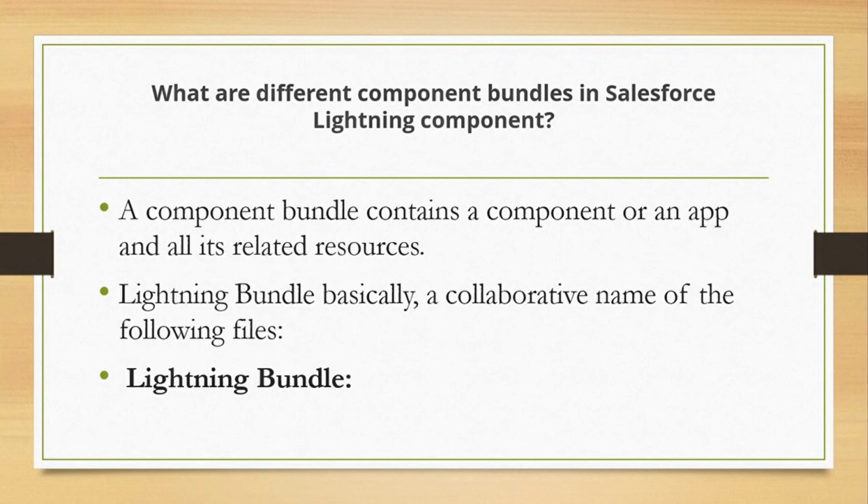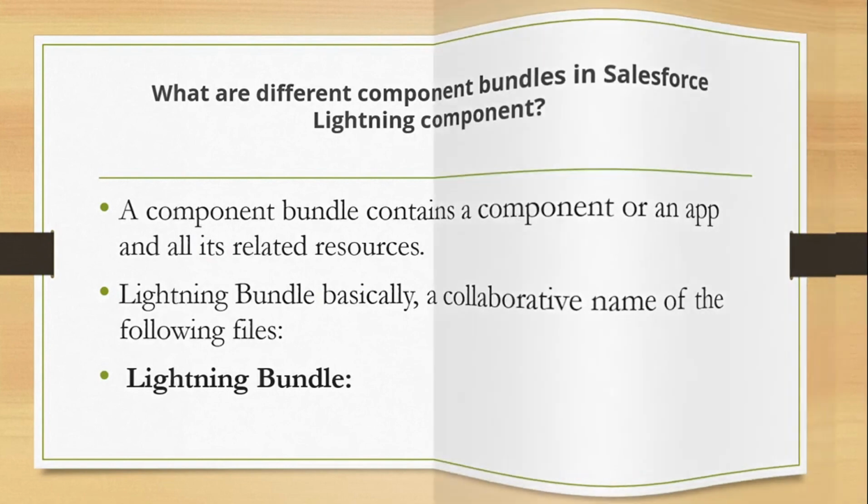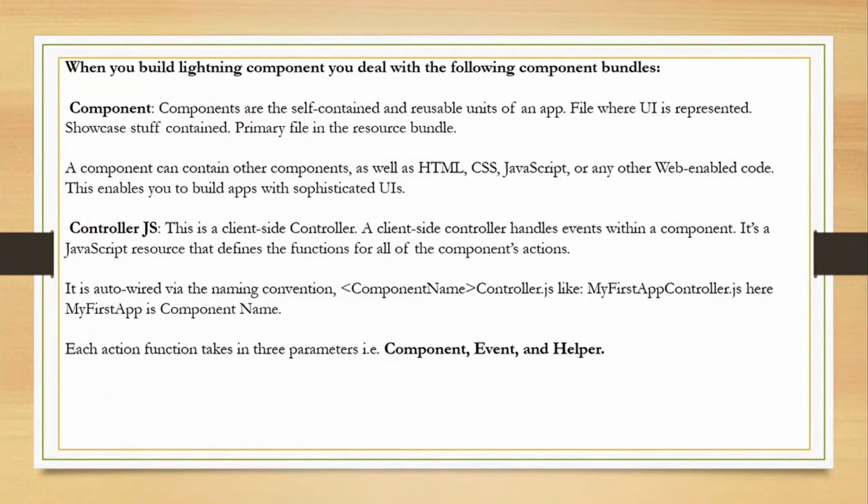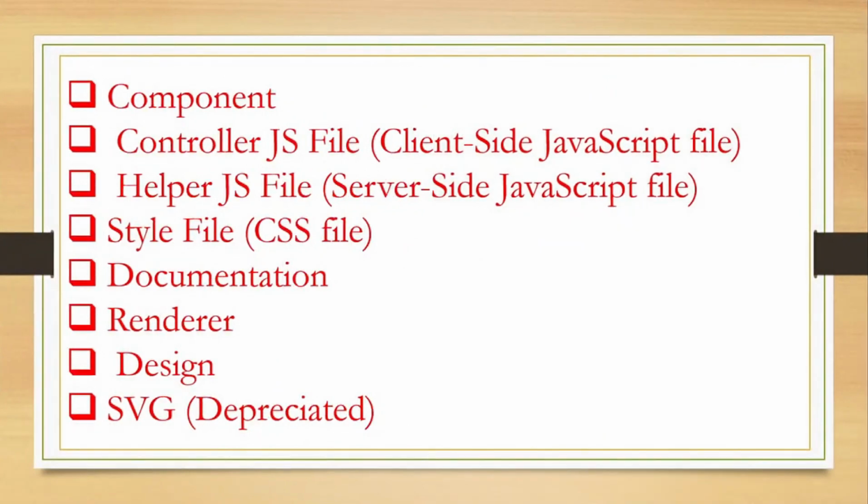A Lightning bundle is basically a collective name for the following files: component, controller JS file, helper JS file, style file, documentation, renderer, design, and SVG.